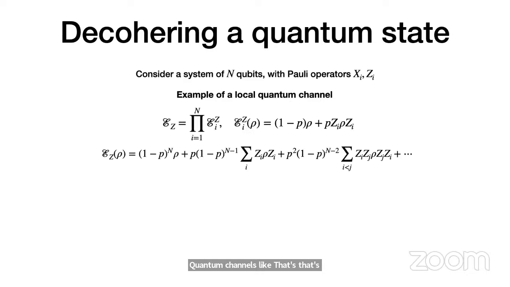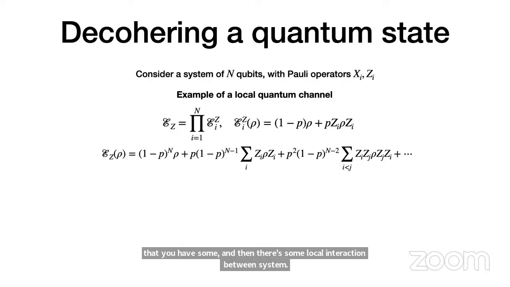I like to just really explicitly write out what it looks like in the spin chain, in the many-body system. Suppose I have a system of n qubits, with Pauli operators X_i and Z_i as usual. Now, here is an example of a local quantum channel, meaning that you have some ancilla and then there's some local interaction between system and ancilla. And we can get a quantum channel that looks like this.